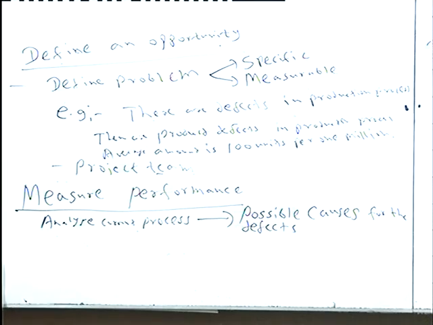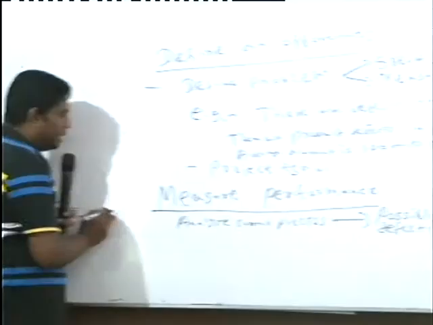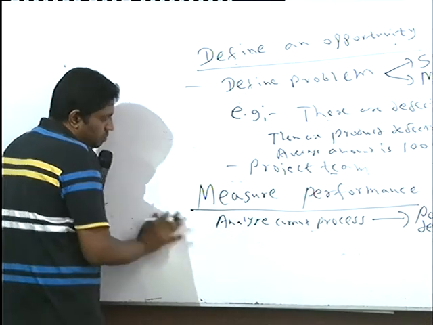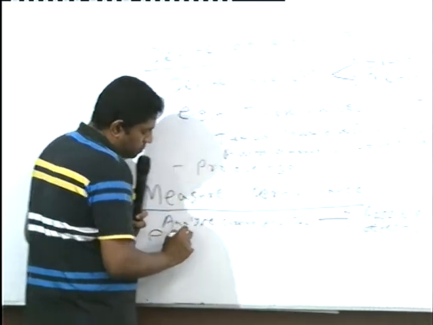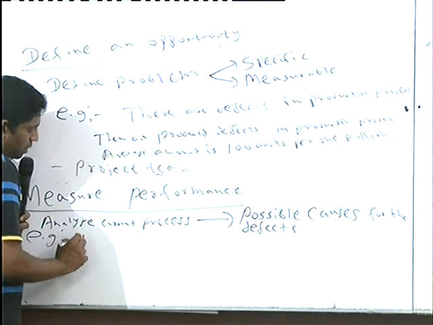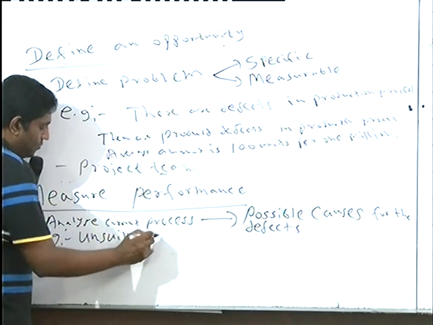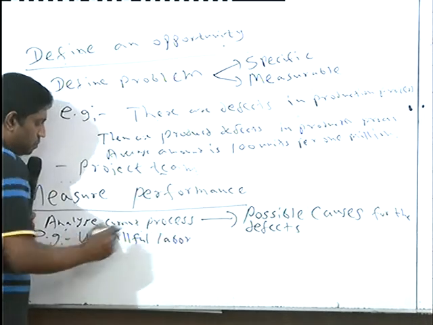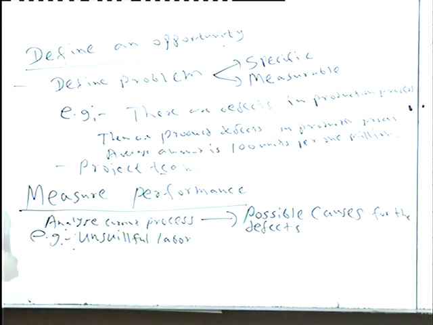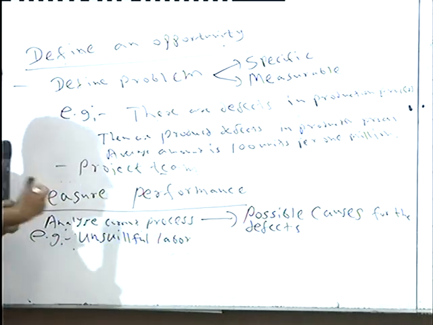One example may be unskillful labor. That may be one contributing factor. The employees do not have good knowledge of how to perform their tasks properly.